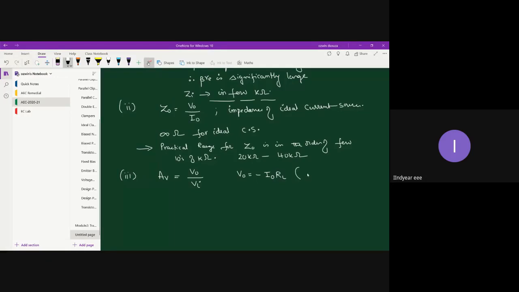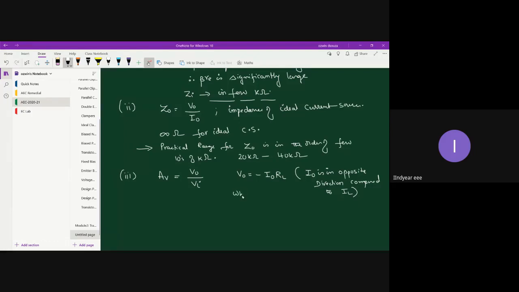RL. In bracket, let me write: I naught is in opposite direction compared to the V naught convention. Just because of the opposite current flow, you will get the negative sign.